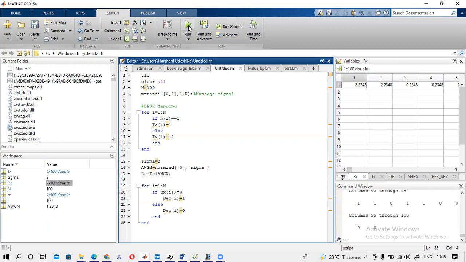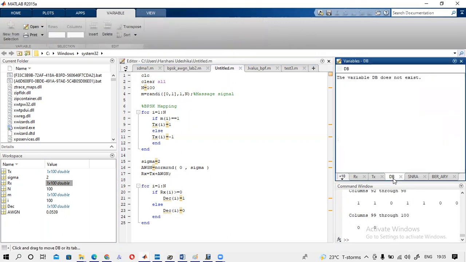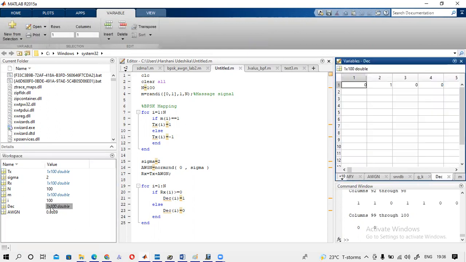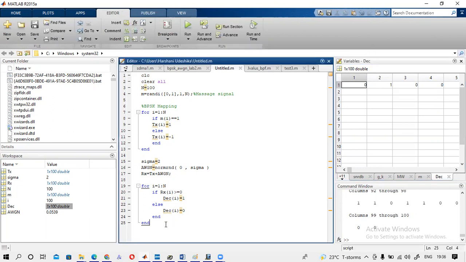So this will be my decoded sig. You can see that it is again 0 1 0 1 0 1.